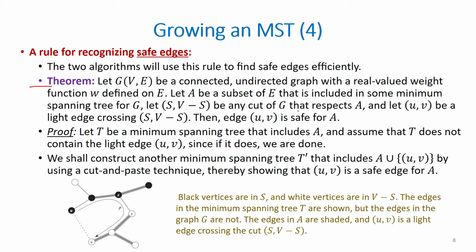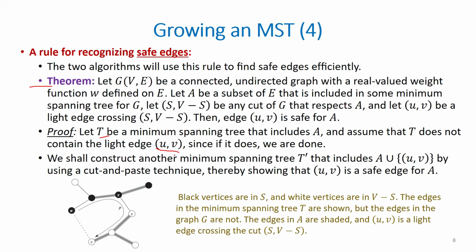The proof is very simple. First, let us assume that there is an MST denoted by T that includes all the edges in set A and does not include the light edge UV. If T includes the edge UV, then there would be nothing to prove.